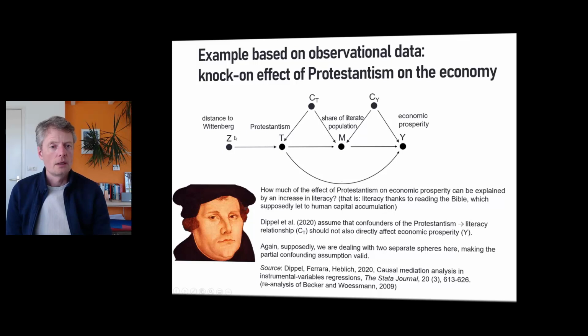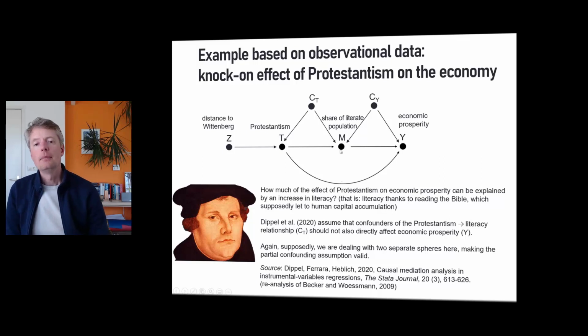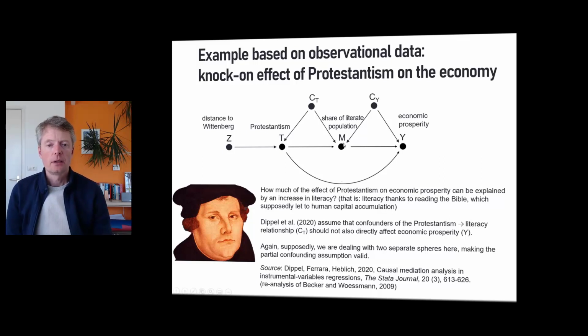And they can use this instrument to both look at the average Zeeman effect of Protestantism on economic prosperity, but they can also use this as an instrument for M, the share of the literate population. This is one other example of the use of their method. And again, the implicit assumption here is that any confounders here do not have a direct relationship with economic prosperity. So those are two very distinct spheres.